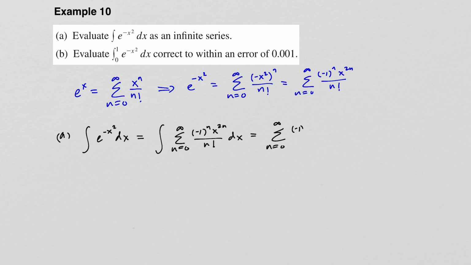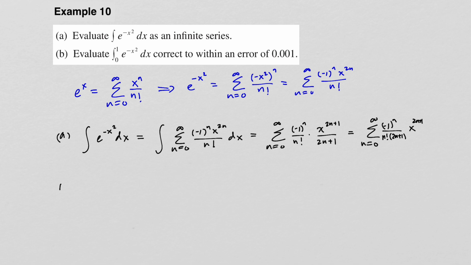Everything else stays the same. So we have negative 1 to the n over n factorial, and then the antiderivative of x to the 2n is x to the 2n plus 1 divided by 2n plus 1. And you could leave it like this, or you could simply say this is negative 1 to the n over n factorial times 2n plus 1, and then x to the 2n plus 1 power.